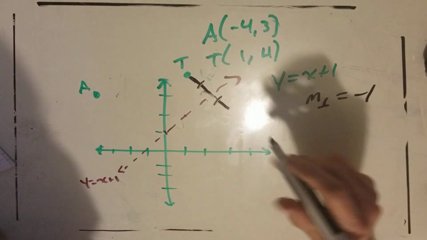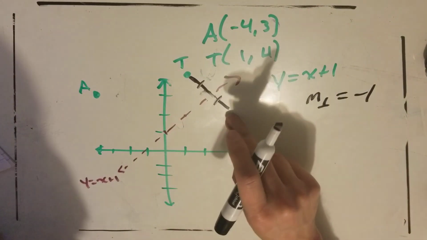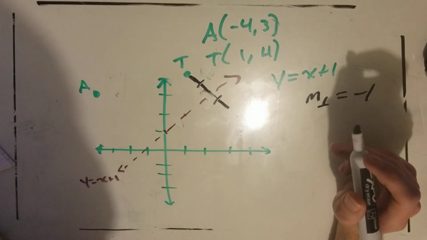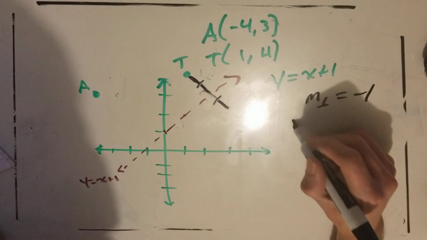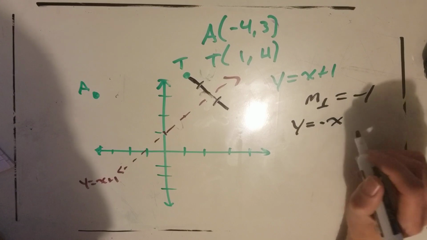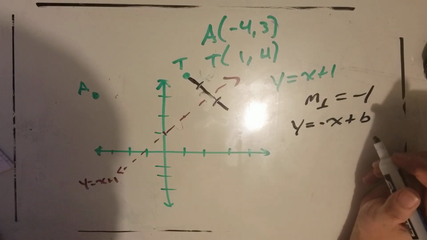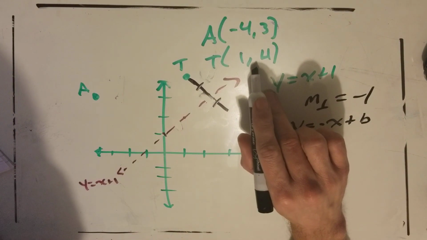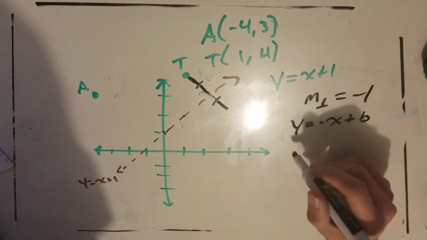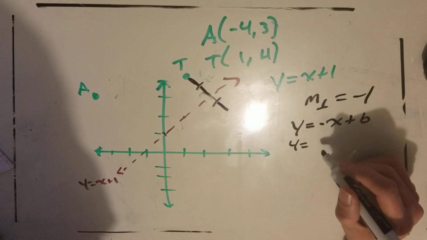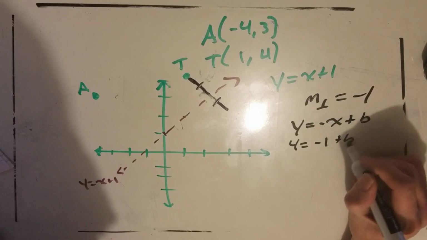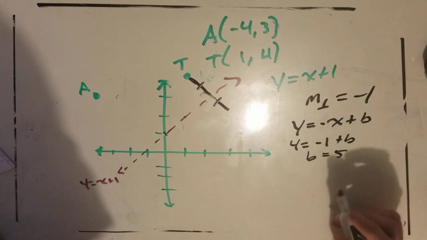So our equation of the line that's going to go through T and T prime, because that's the segment that's bisected by the line of reflection, is y equals negative x plus b. We don't know b yet, but we can find it, because we know the line goes through the point 1, 4, meaning y is 4, x is 1, so it becomes negative 1, so b is equal to 5.